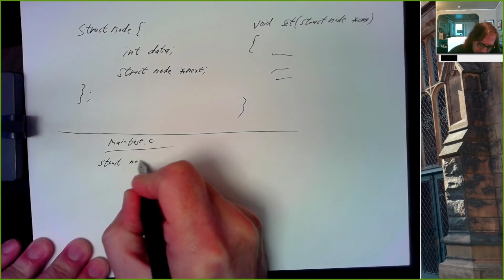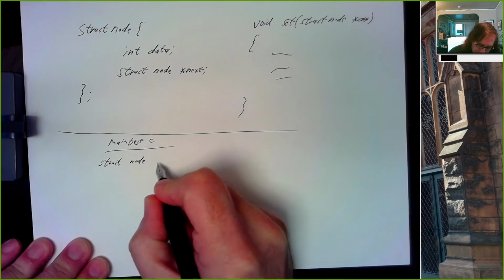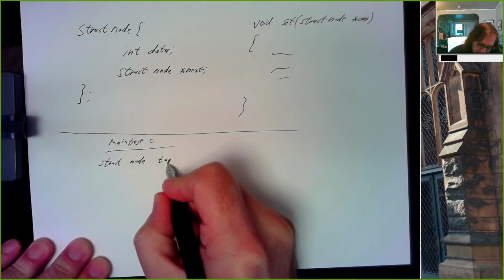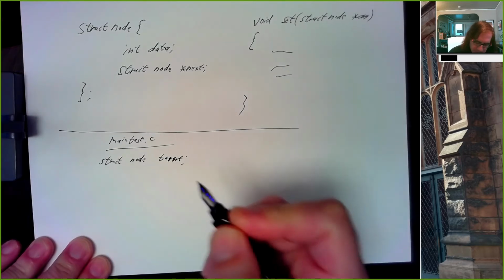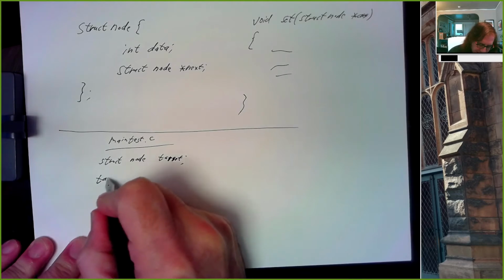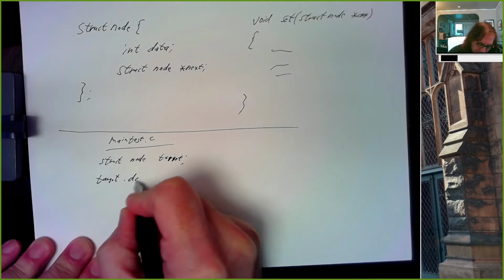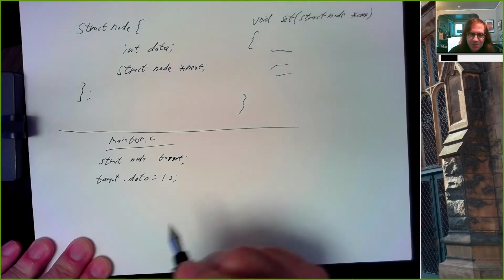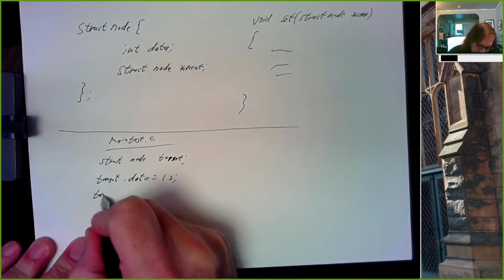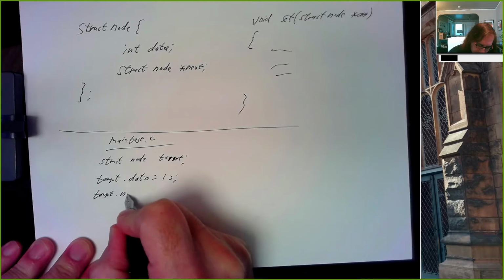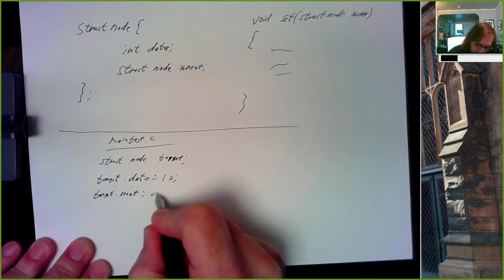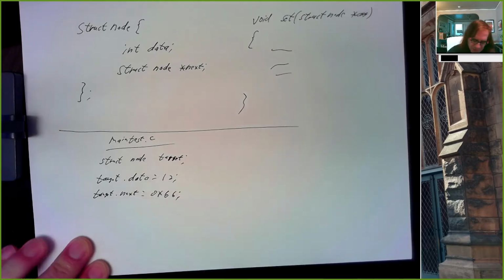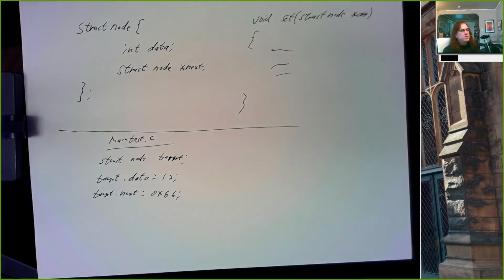So we'll say struct node target, and set target.data to some interesting value. And set the next field equal to some non-null value.